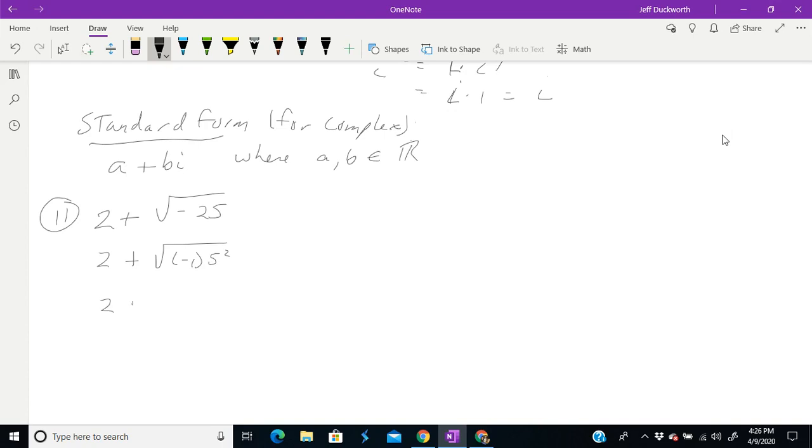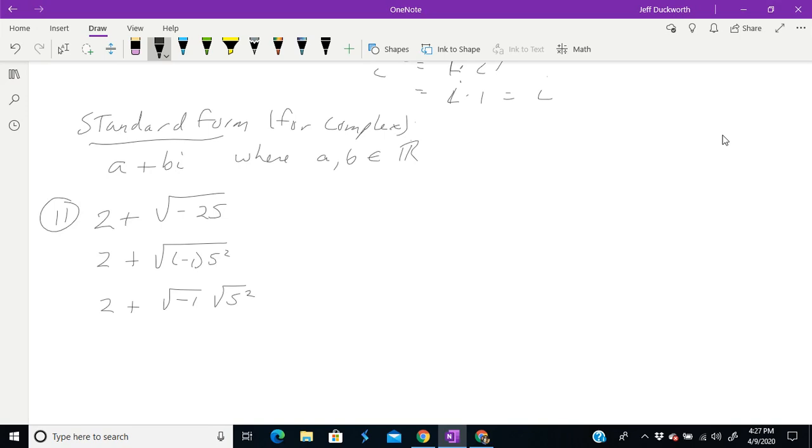And that's equivalent to 2 plus the square root of -1 times the square root of 5 squared, because it's a square root. If you've got two things within it, you can break it into two that you multiply together. Basic rules. And as far as complex numbers go, all of the general things that you know in algebra and arithmetic concerning addition, multiplication, and so forth work for these as well. So you can combine like terms that have i's, you can combine other constants, that's okay.